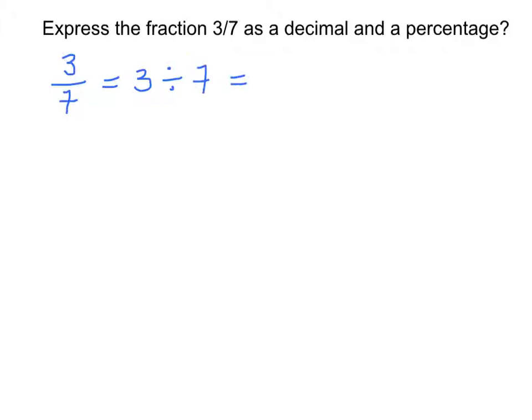And if you take out your calculator and work that out, you'll discover that the value turns out to be 0.428571428. Now, you may not need all of those numbers, but I'm just writing down exactly what my calculator displays. So this is the decimal representation of 3 over 7.